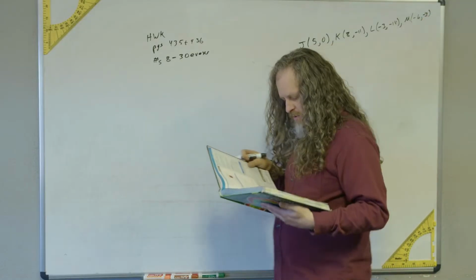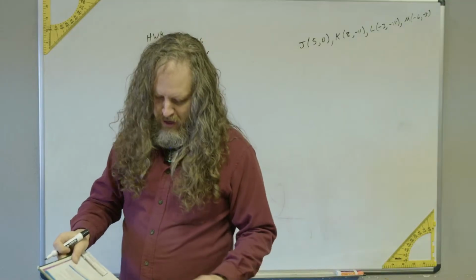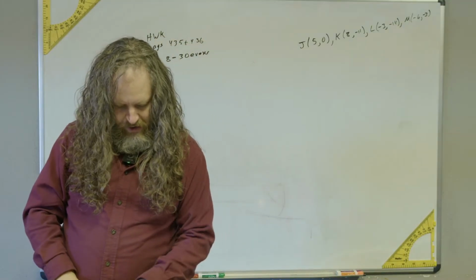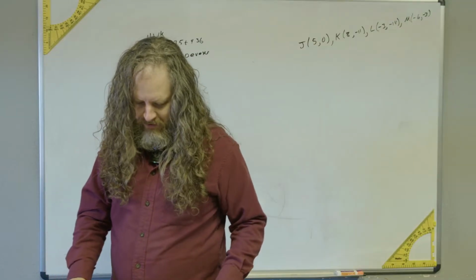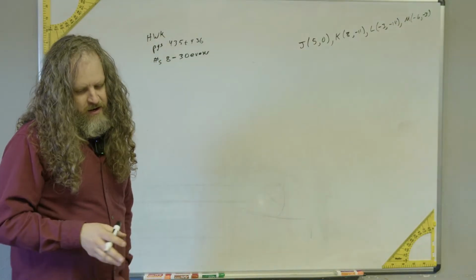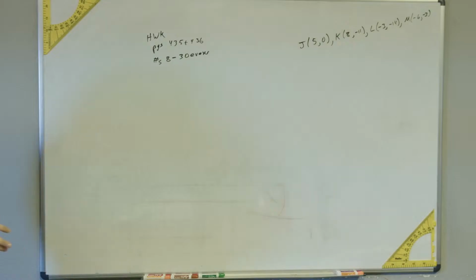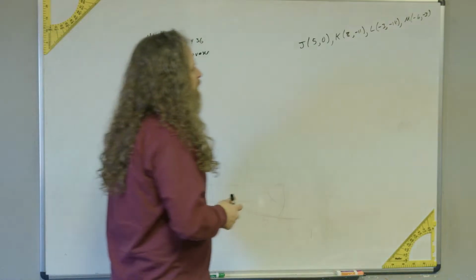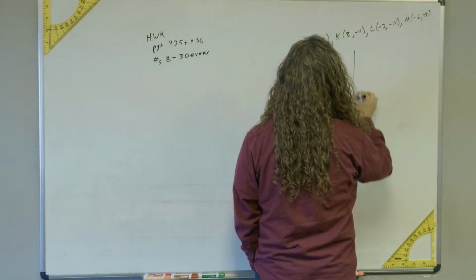We're supposed to determine whether the parallelogram is a rhombus, a rectangle, or a square. It could be more than one, because if it's a square, then it's all the other ones too, right?